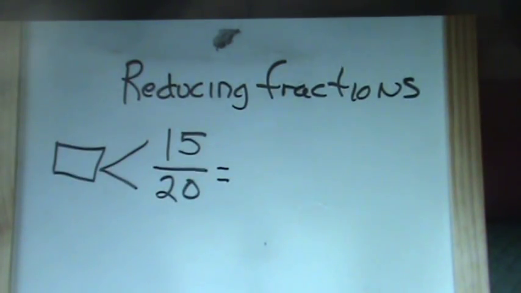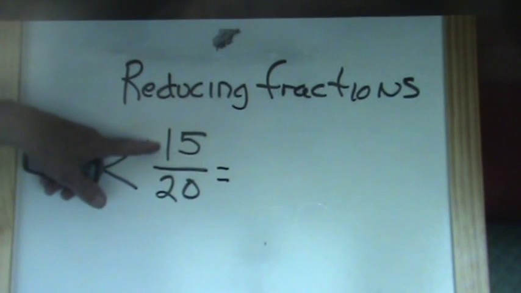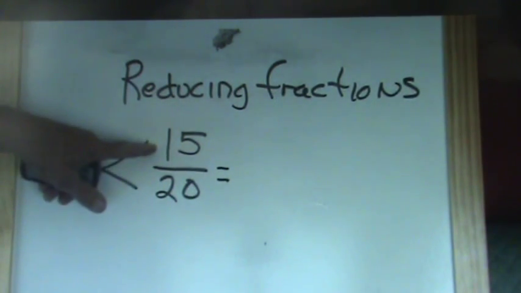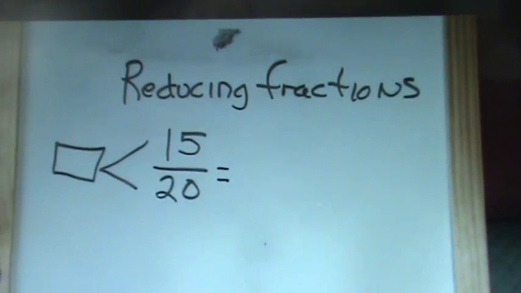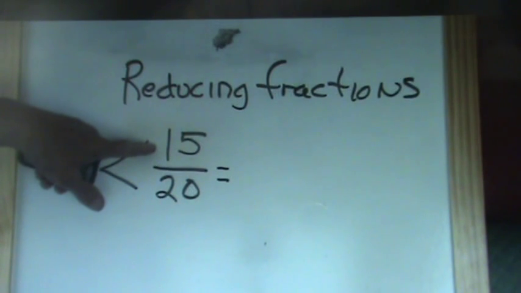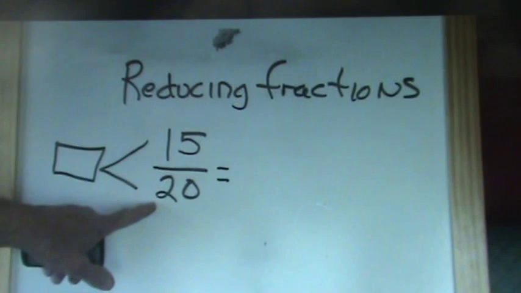Okay, so one way we could attack this is just by starting at the lowest number. We never use the number 1, so we can look at 2. Well, 2 does not go evenly into 15. It does go evenly into 20, but it doesn't go evenly into 15, so we can't use 2. 3. Well, 3 will go evenly into 15, 5 times, but 3 will not go evenly into 20.